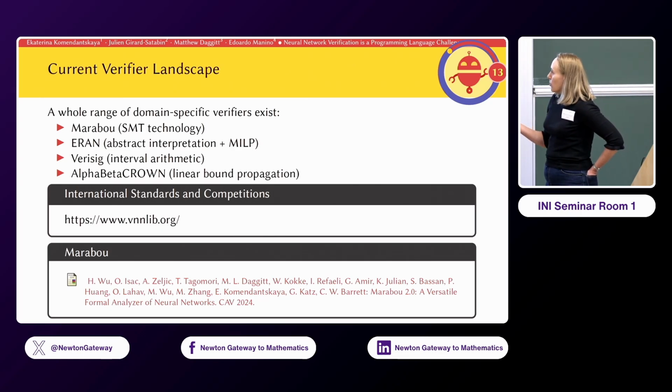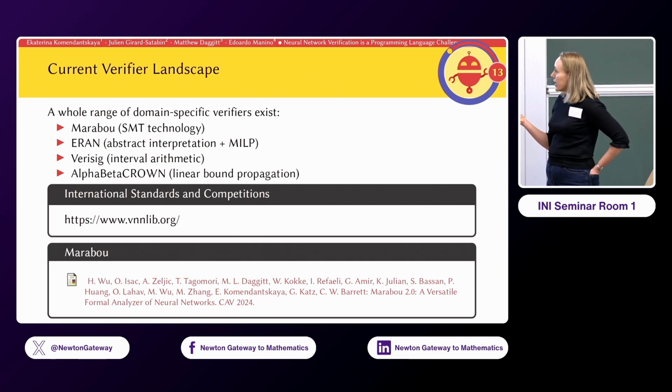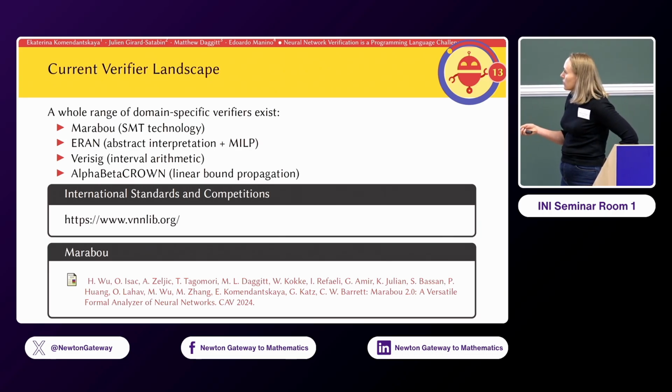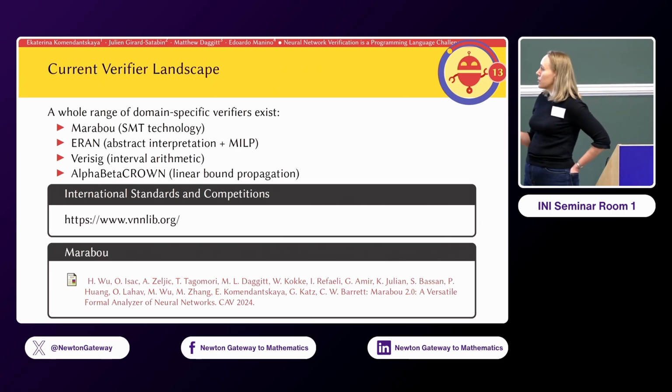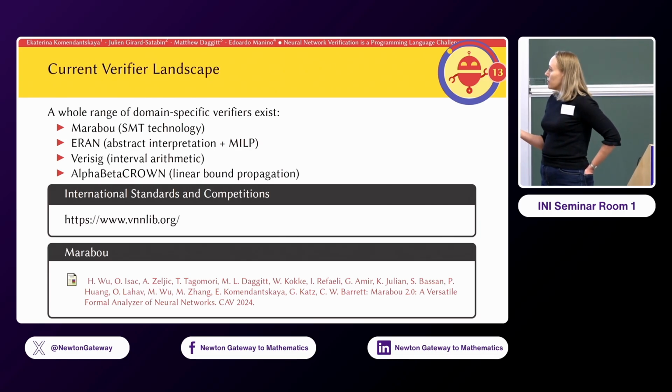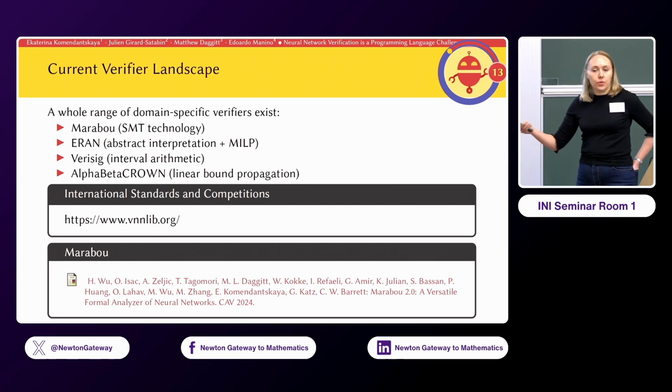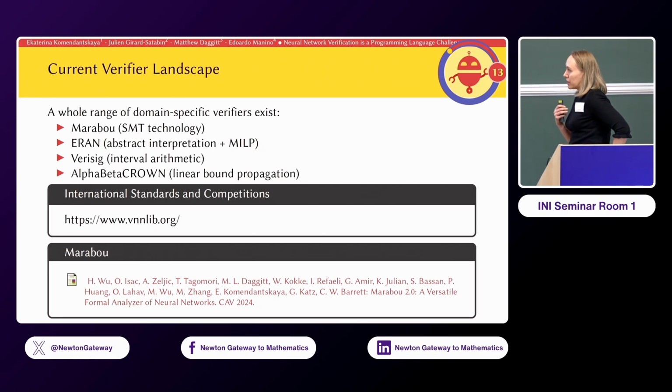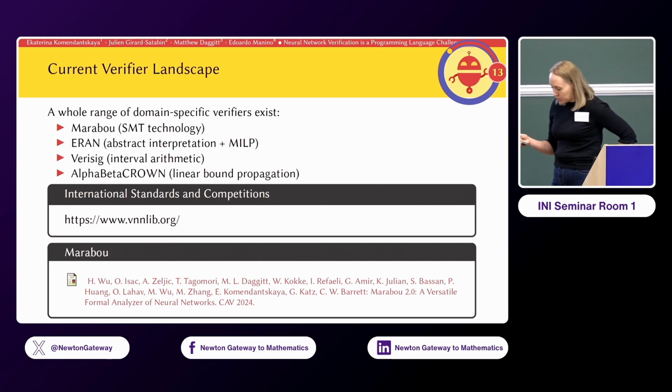So that was closely modeled on that. And the one that we're going to be referring to today would be Marabou, the first on the list. That's a development of the first paper in 2017 by Clark Barrett and Guy Katz, and it just got a new edition in 2024.